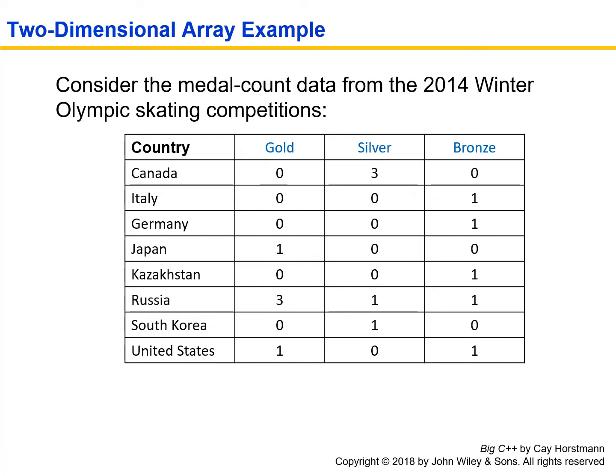So what we want to do is store gold, silver, bronze along one dimension and the number of the country along the other. Gold would be 0, silver would be 1, bronze would be 2. And then Canada would be country 0, Italy would be country 1, Germany would be country 2, and so forth on down the line.